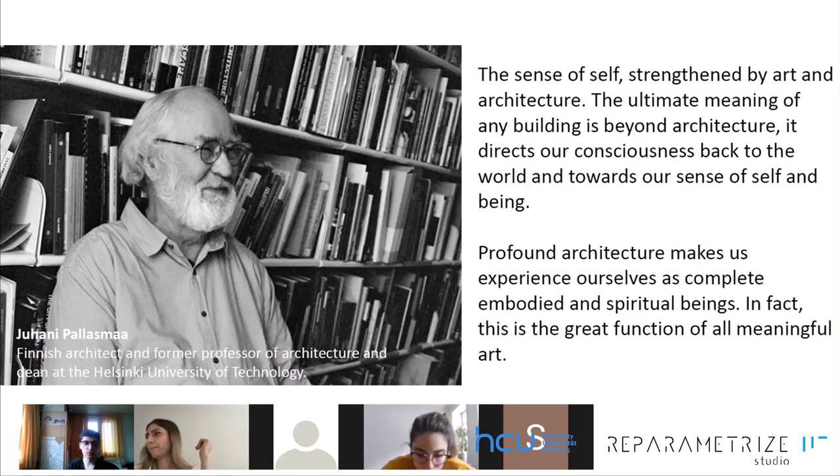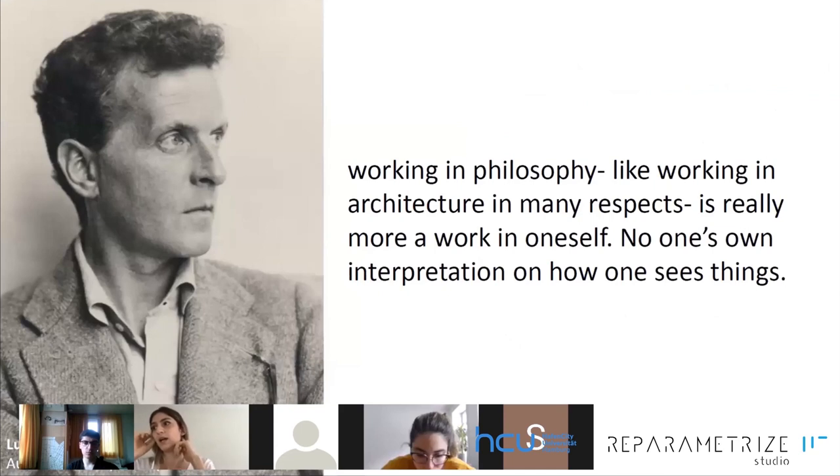So if we think about it in this way, we can see a link between philosophy and architecture. If you go to the next slide, Ludwig, a philosopher, said working in philosophy is like working in architecture in many respects. It's really more a work on oneself.